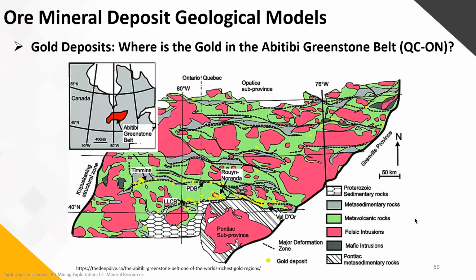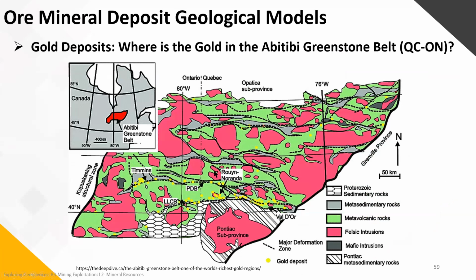If we zoom in within the Abitibi greenstone belt, comprising both Quebec and Ontario, we can see in the yellow contours the main gold deposit locations, and we can see where they are focused.